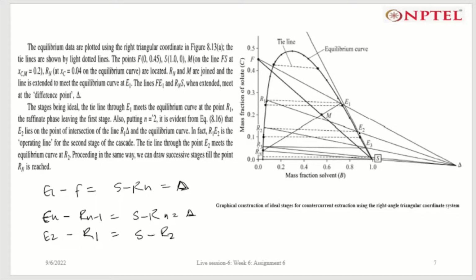The tie line through the point E2 meets the equilibrium curve at R2 due to the ideal stage. Proceeding in the same way, we can draw the successive stages till the point Rn is reached. So the number of ideal stages required for the separation is 1, 2, 3, 4. All of you got this one?